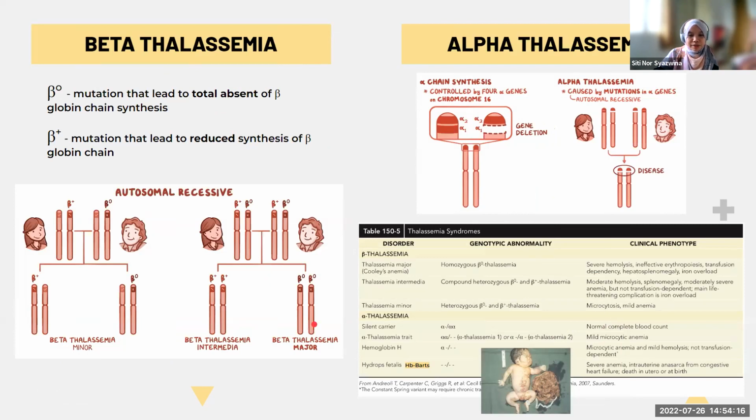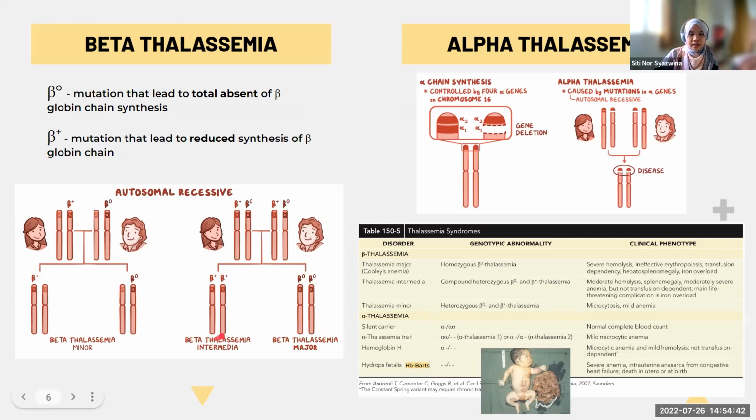For example, in beta thalassemia major, we need two copies of mutated genes, from the mother and the father, for the patient to develop the disease. In this case, when the patient inherits the gene that encodes for total absence of beta globin chain synthesis, the patient will present clinically as beta thalassemia major.